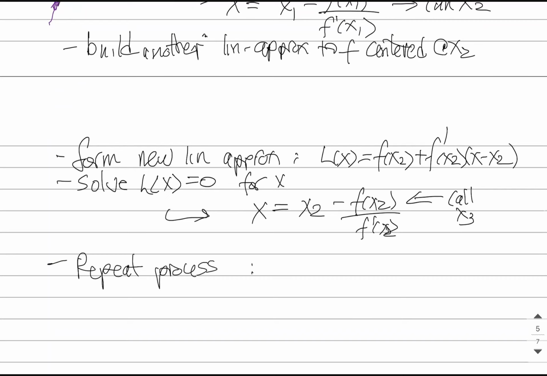And I would end up with what's called an iterative formula or process. I shouldn't say recursive, I'll say iterative. And I would find that I would end up with something that looks like this.